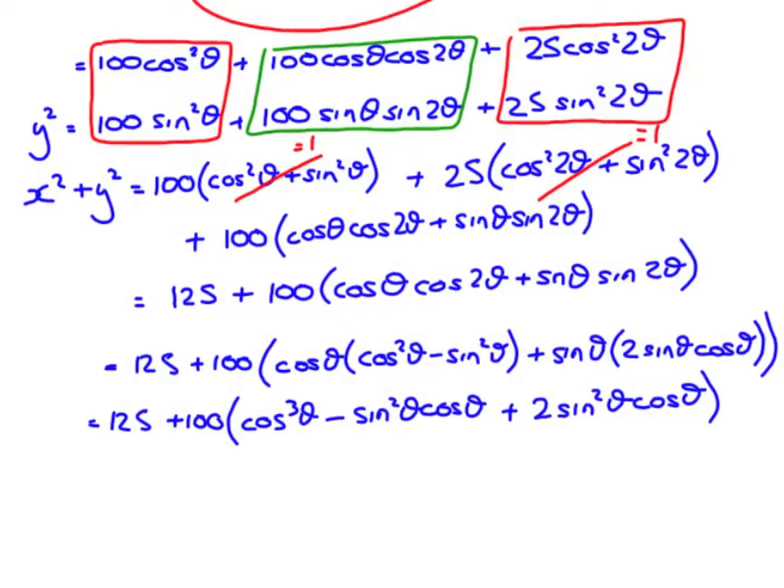Now the last two terms are similar there. They're both sine squared theta cos thetas, so we can combine them. We've got 2, take away 1 of them, so we end up with cos cubed theta plus sine squared theta cos theta.